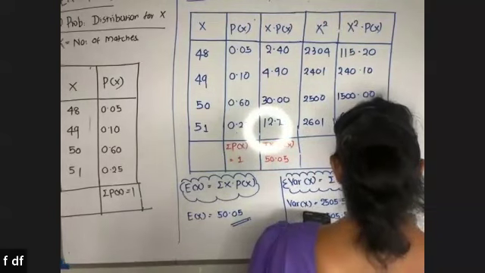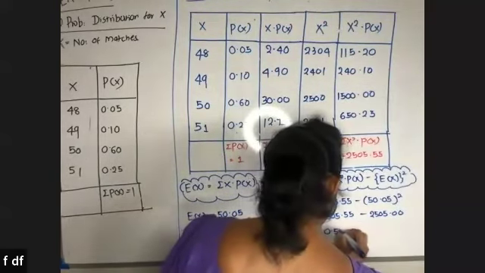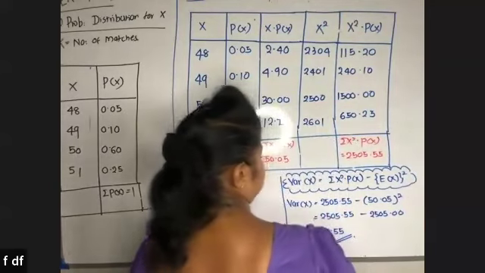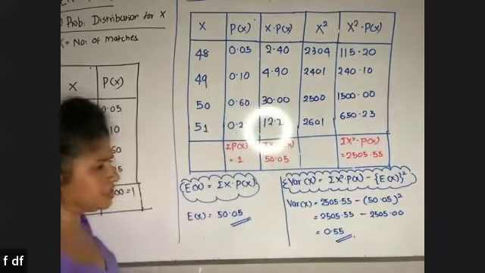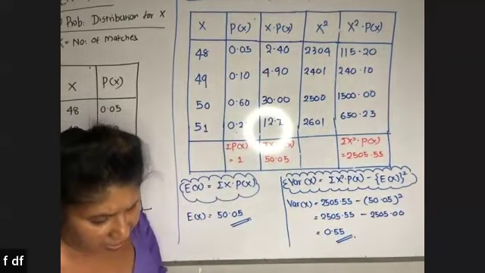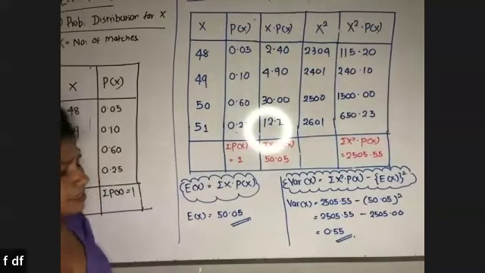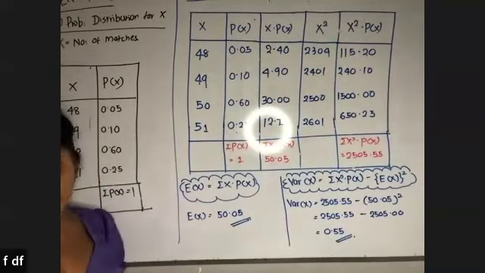Take two decimals. So what is your variance? Variance is 0.55. Now this is the second answer: expected value and variance. If you need standard deviation, take the square root of that.